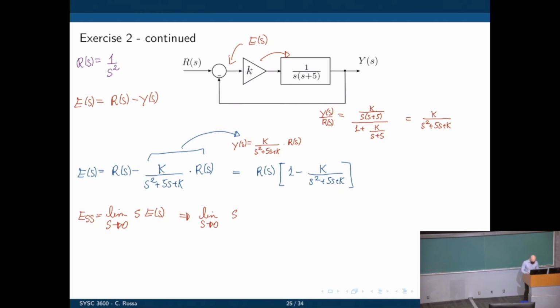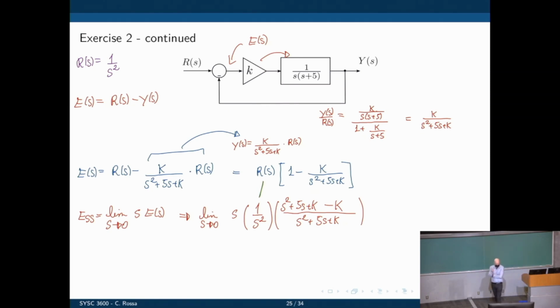R of s is the input, and we said that that's a step input, sorry, our ramp input, 1 over s squared, times the bracket. And find a common denominator here. We have s squared plus 5s plus K minus K, all over s squared plus 5s plus K. Okay, see what I did there? So this R of s, 1 over s squared here, is just R of s.